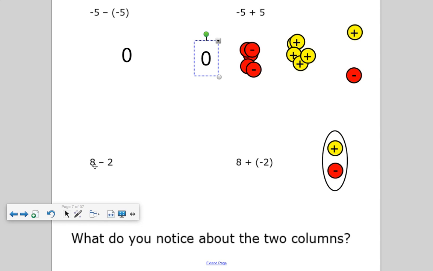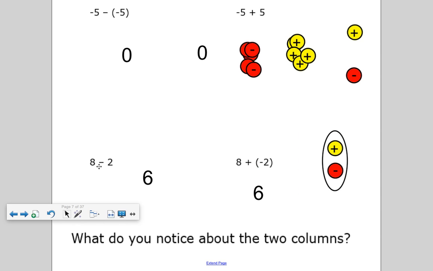Let's look at another. 8 minus 2 is 6. And what's 8 plus negative 2? That is also 6. So the subtraction expression is equivalent to this addition expression.